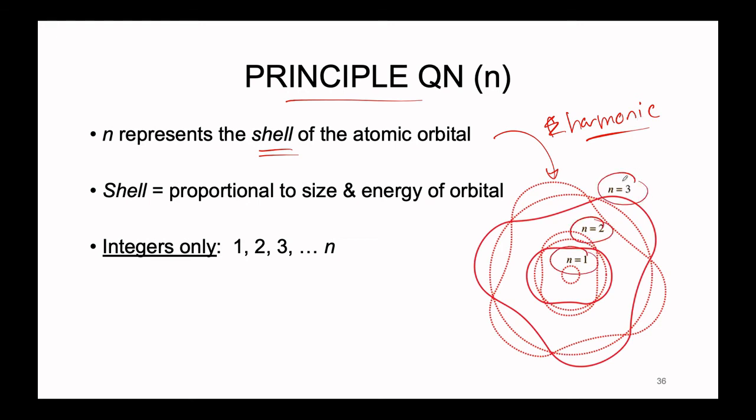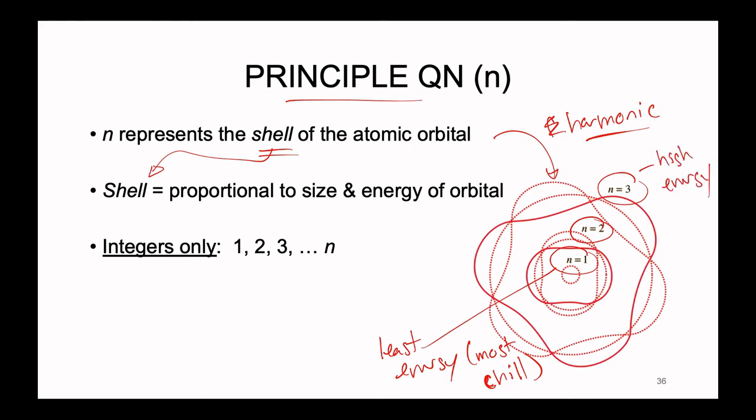Are we in the third harmonic, etc.? This shell we have also found to be proportional to the size of the atom as well as the energy of the orbital, where n equal to 1 has the least energy. It is the most chill. That's a C, most chill. n equal to 3 and higher are going to be high energy, right? The higher the n, the higher the energy.